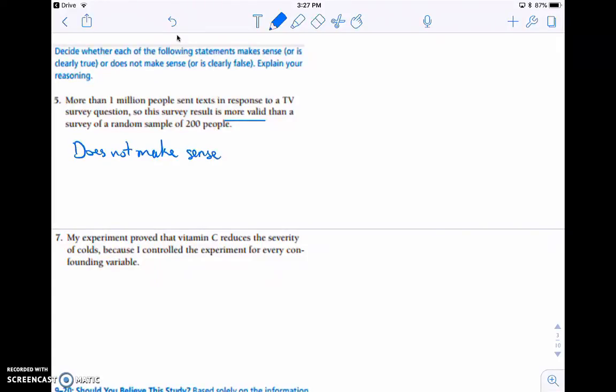And a big part of it is there is a lot of potential for that participation bias in the first study. So 1 million people watching the same TV show, and they answer a survey question. Okay, they're obviously invested in that TV show and can carry some bias.